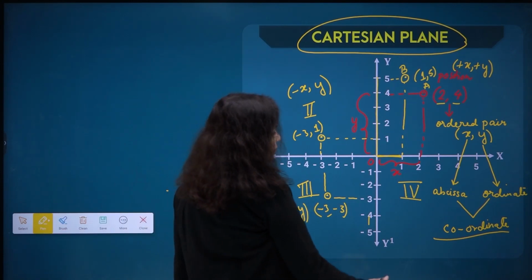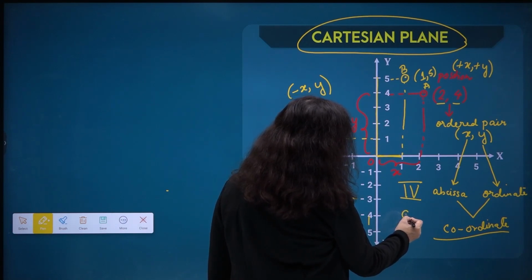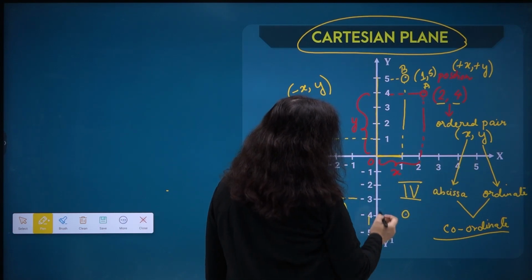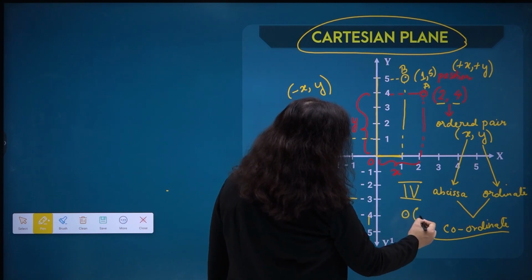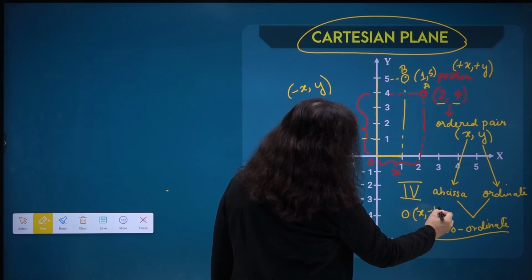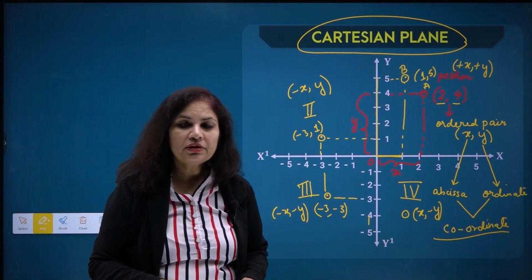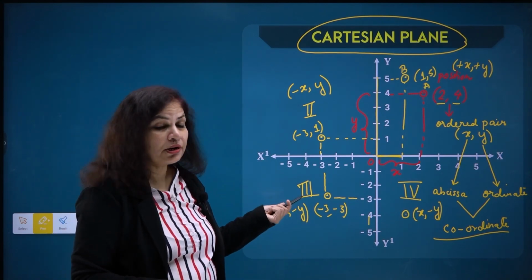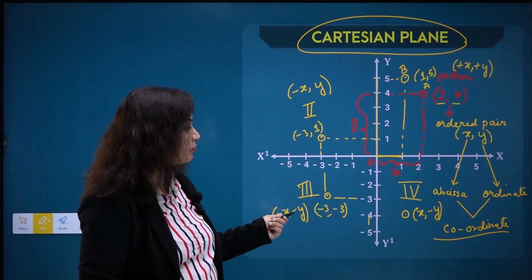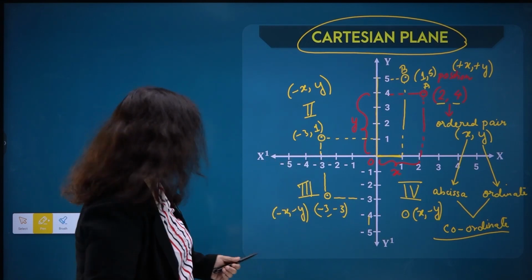In the fourth quadrant, if I choose any point, the value of x will be positive and the value of y will be negative. So this is basically the concept of 4 quadrants and the ordered pair and the sign of the ordered pairs in each quadrant.